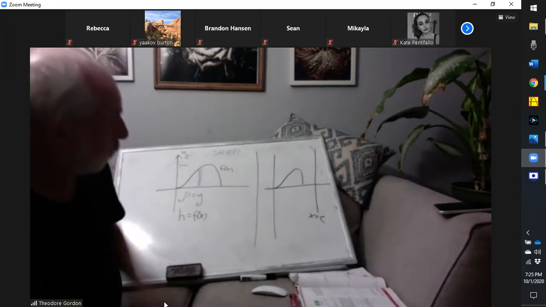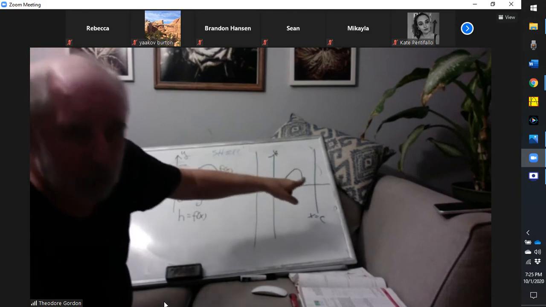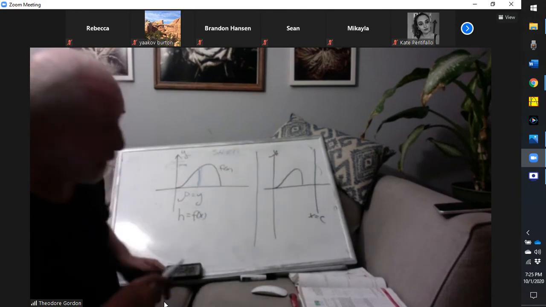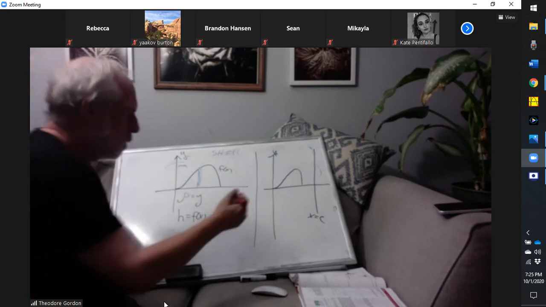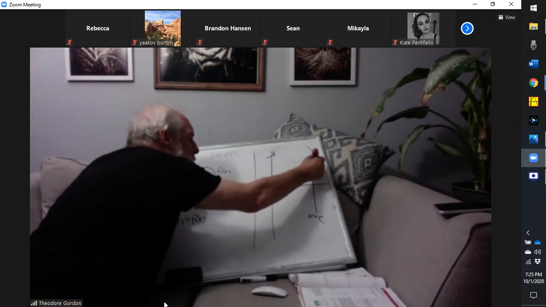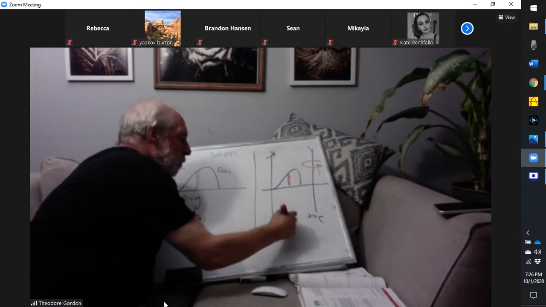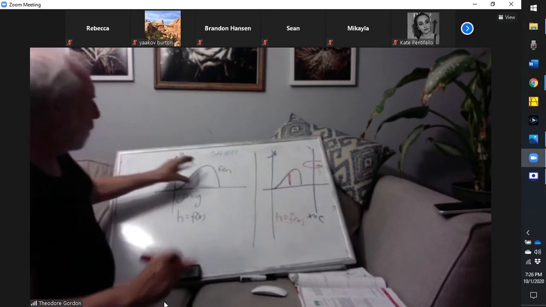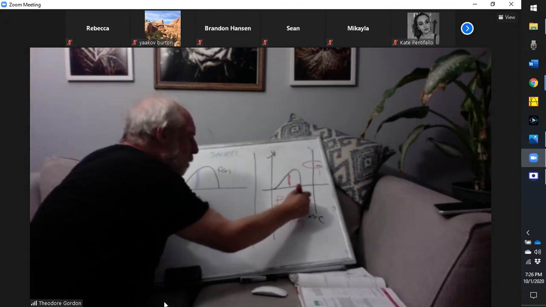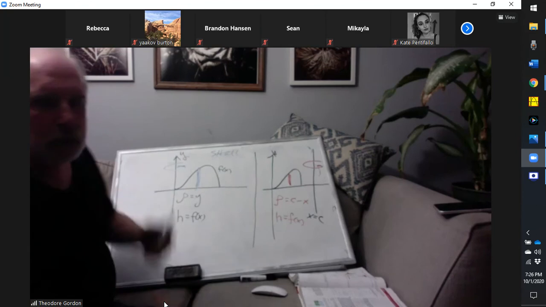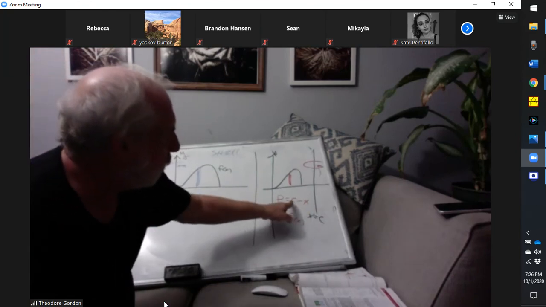Now, same function, but now we're going to rotate it around that vertical line, which is not the y-axis. The height is still the function, but now rho becomes c minus x. That's the only exception. So if this was a 3, it'd be 3 minus x.